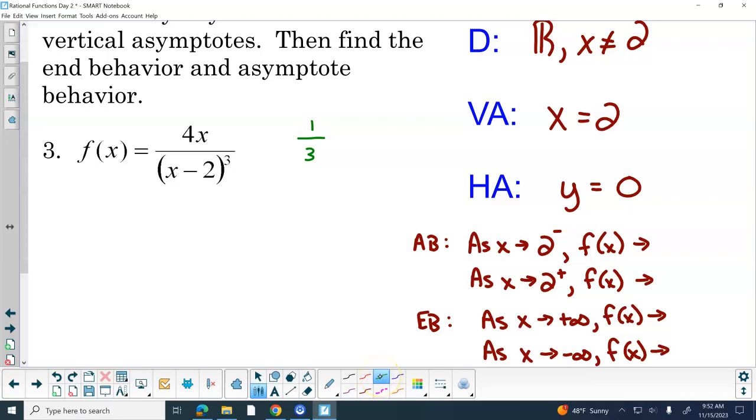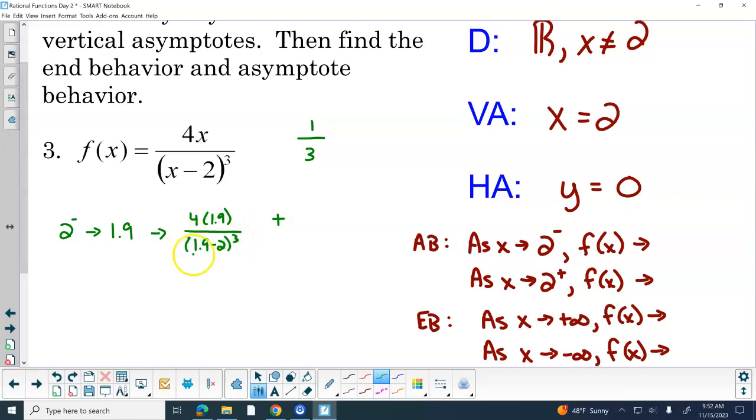Then let's check. So we got to be on the left side of 2. So let's go 1.9. So I'd have 4 times 1.9, which is going to be 7.6, but it's going to be positive, all over 1.9 minus 2 cubed.